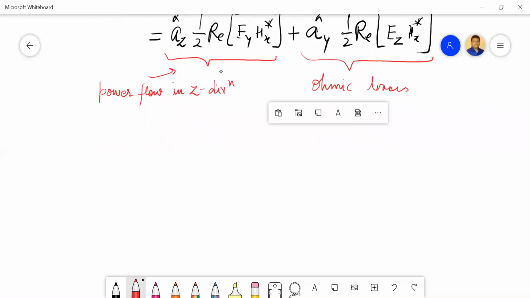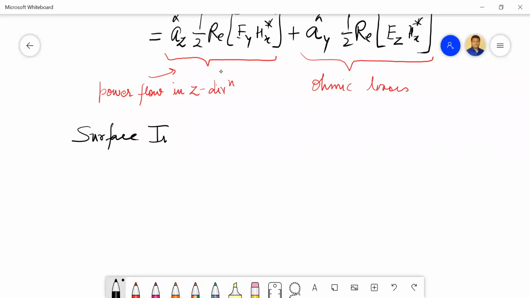Now, after having this idea, we can define a number of terms. The first is the surface impedance. What we have seen so far is the characteristic impedance. Now I'm saying surface impedance, which is a different term, so don't mix it with this. How are we going to define it?